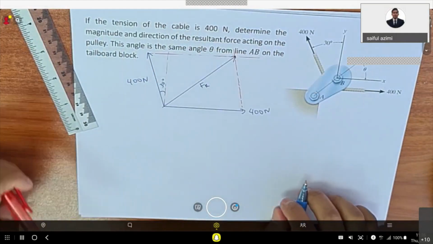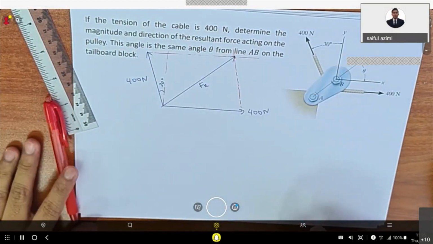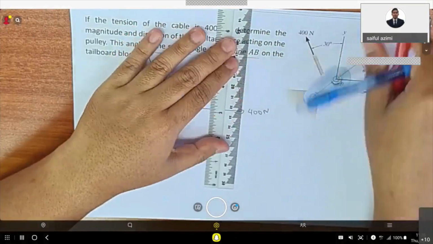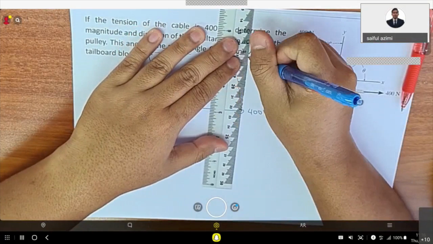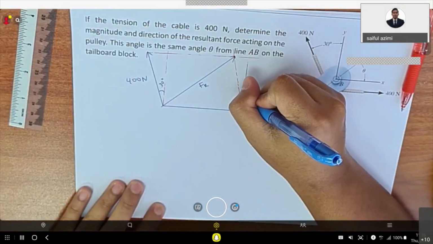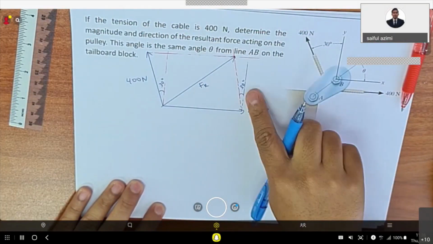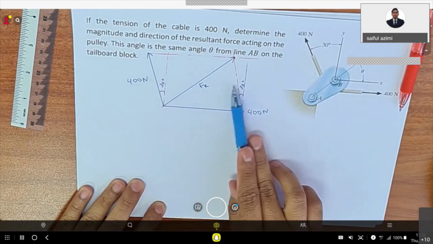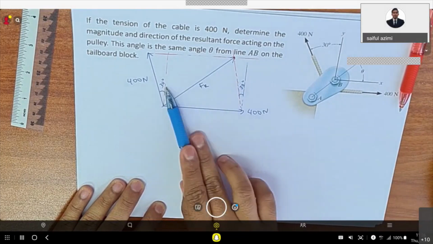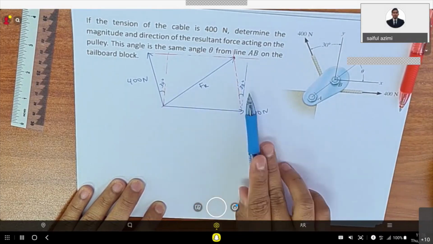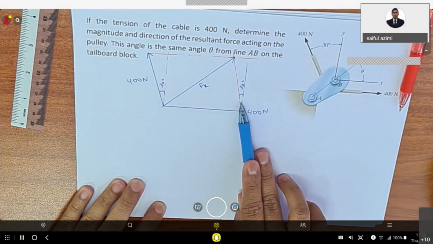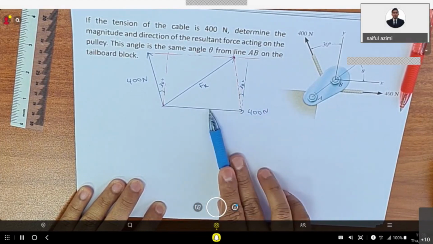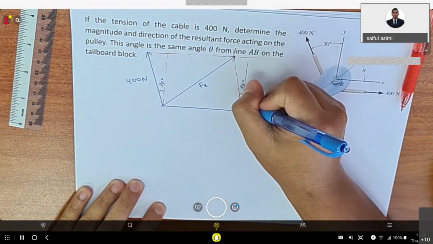If we draw another diagonal line here, the angle is also 30 degree, because this line and this line are similar in angle, and this is the axis line. Because of this diagonal line, this is the right angle, so this angle will become 60 degree.